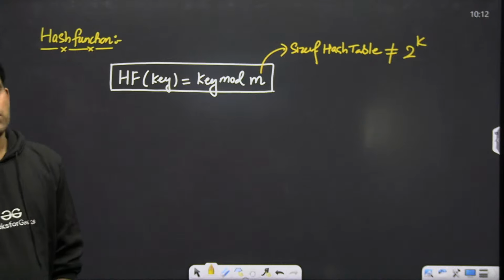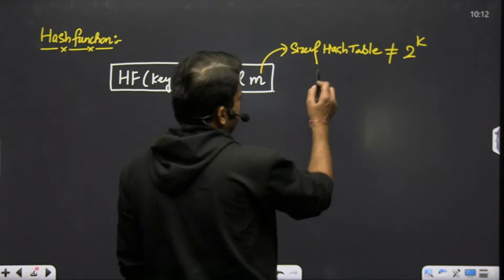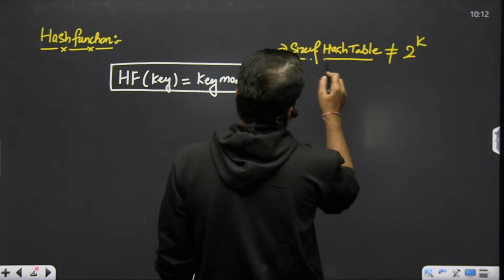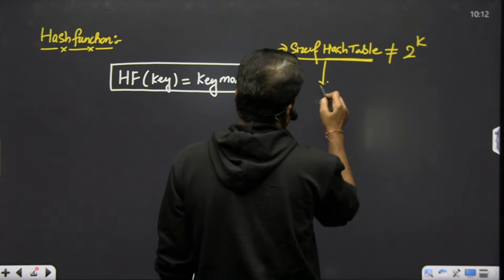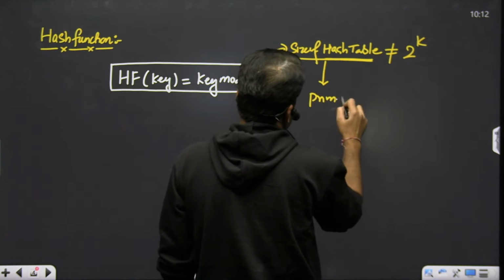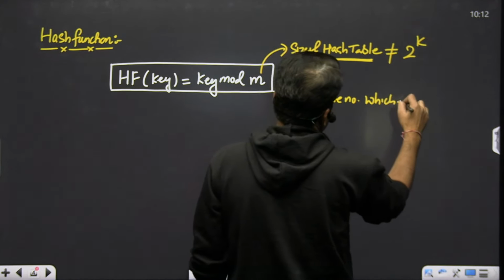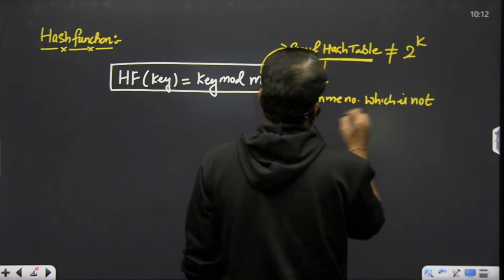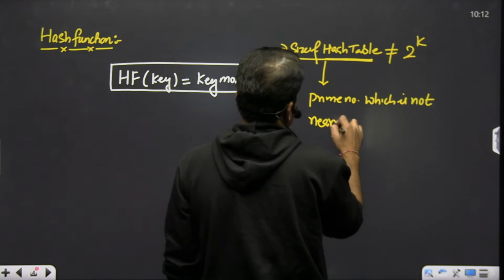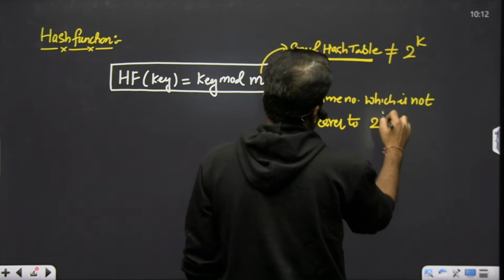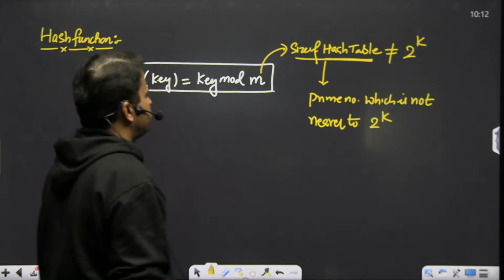Understood? So what should be the size of the hash table, students? It should be a prime number which is not nearer to 2 to the power k. It must be a prime number.